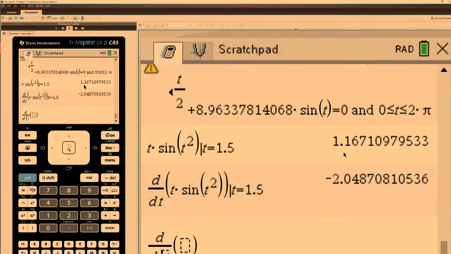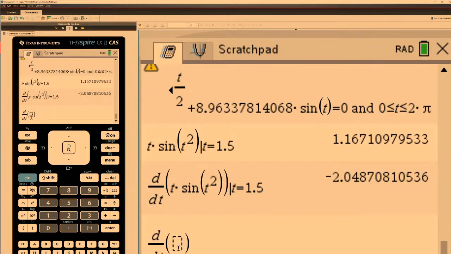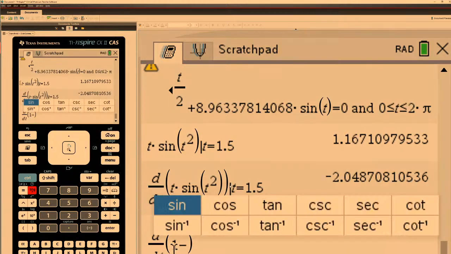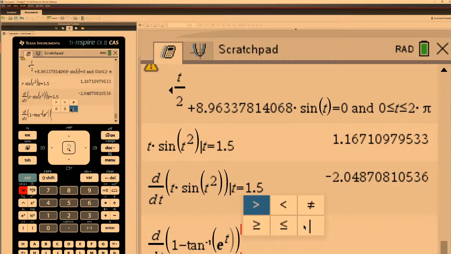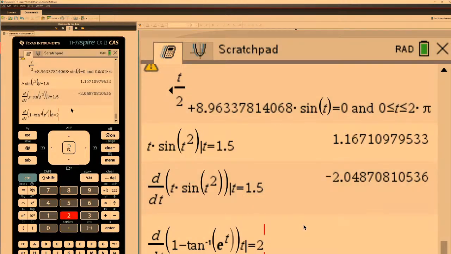So d dt of 1 minus inverse tan of e to the t. Don't use the little e there, use the actual e button, e to the t, and then control equals at time 2.